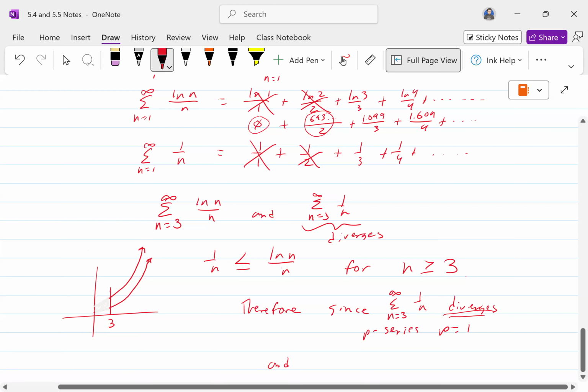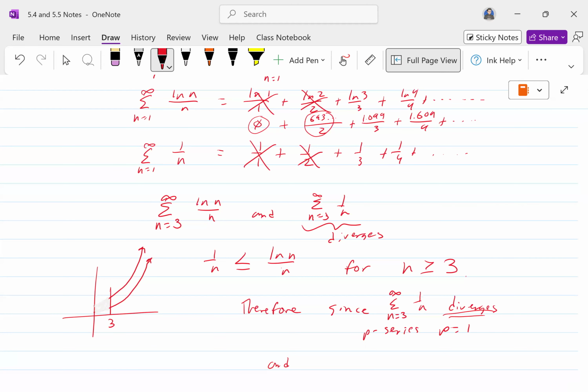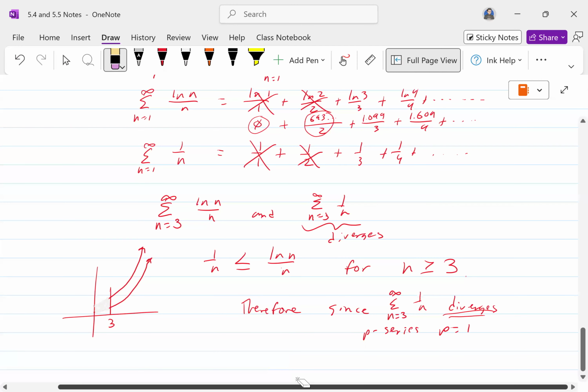And b sub n is always less than a sub n here. Then we know that the sum from n equals 3 to infinity of natural log n over n diverges.